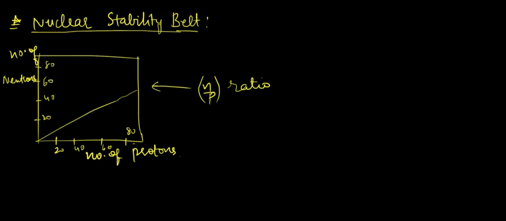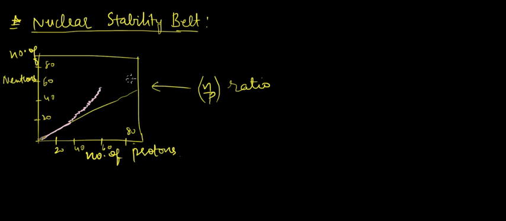So what we see is that till a certain point the n by p ratio travels along this line, and after this it fluctuates and goes something like this.